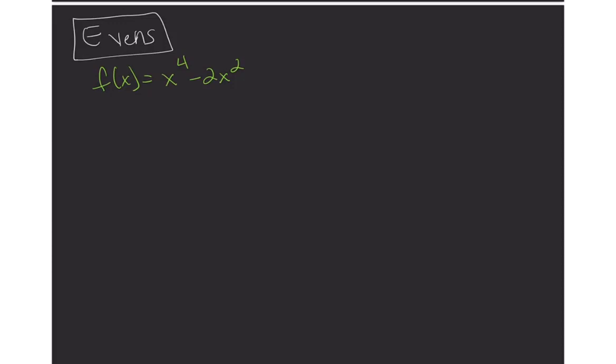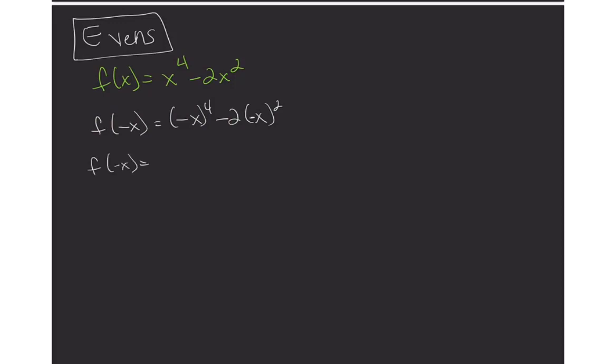So we want to know that when we graph this, if this is going to have any symmetry to it. So what you do, wherever there's an x, you want to put in negative x. So this is going to give me what? Negative x to the fourth minus 2 times negative x squared. And then we're going to try and simplify it.